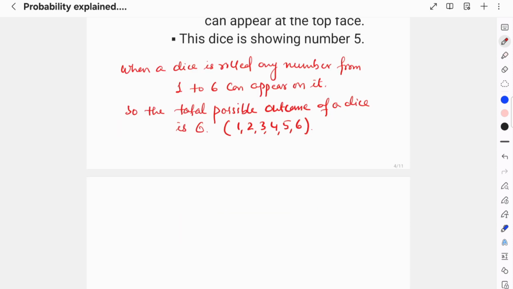So when a dice is rolled once, the total number of possible outcomes will be 6. Now let's see the first part of the question. The first part of this question is asking the probability for getting an even number.